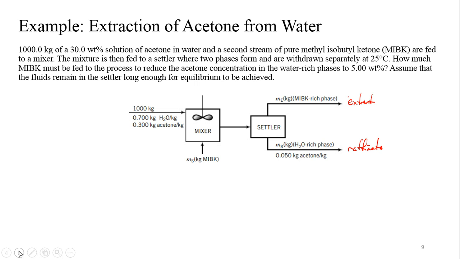So we already know what's going on in the raffinate, right? We know the composition is 5% acetone. And we know that it's within the two-phase region. So all we need to do, that's going to fix a location for us, right?